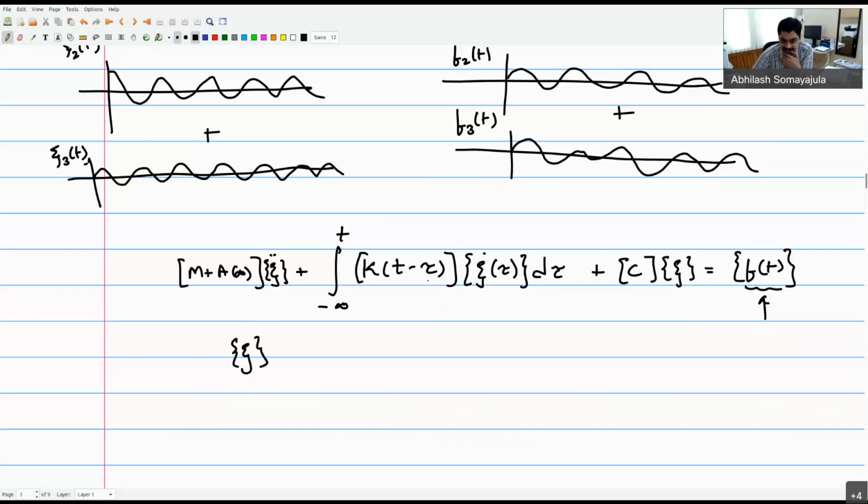The only difference is that this convolution means I need to know the history of the displacement or the velocity vector. Because tau is ranging from minus infinity to t, what happened in the past does have an effect on what is happening now.